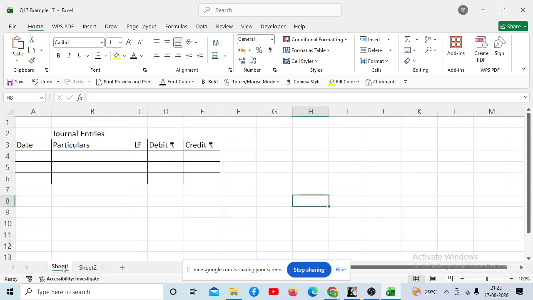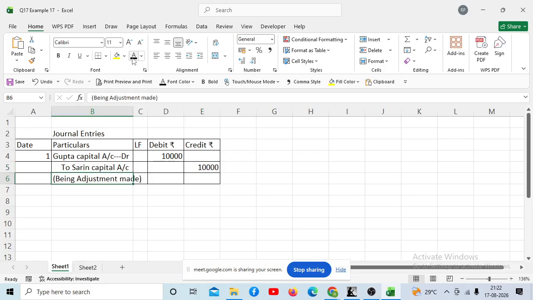So the entry will be, we got it in that table. Gupta's current account debit, it is to be debited by 10,000. Okay, and who is to be credited? Sarin's capital is to be credited by 10,000 and being adjustment made.